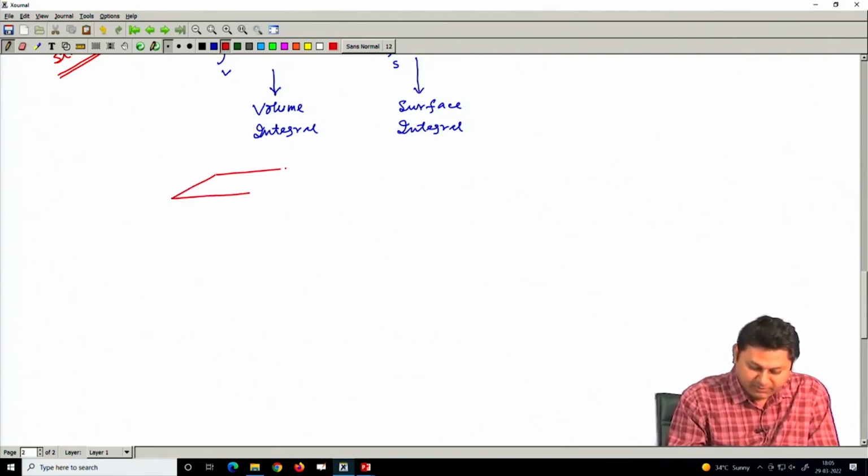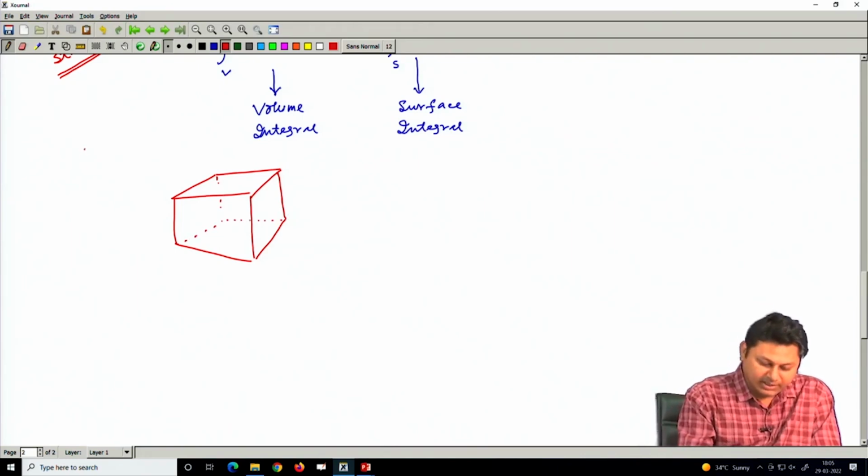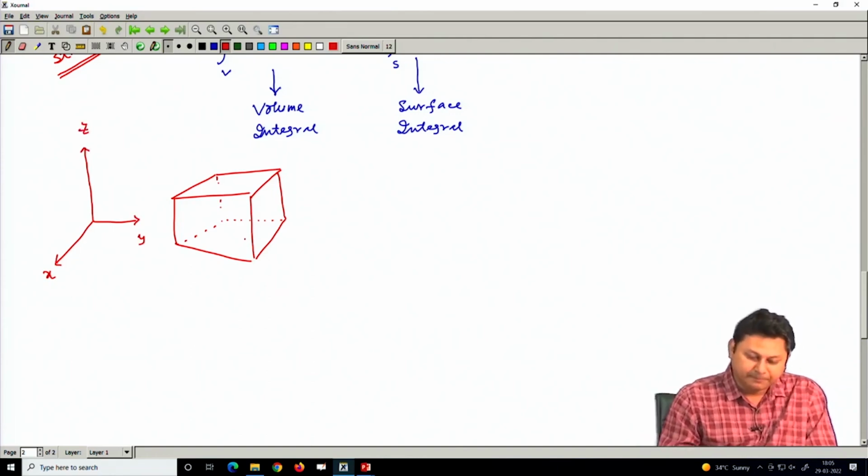Suppose this is a volume element that is given. So, this is the volume element, and it should have 6 surfaces. In the Cartesian coordinate system we consider this volume element. So, I can have x, y and z coordinates here, and a volume element is given.